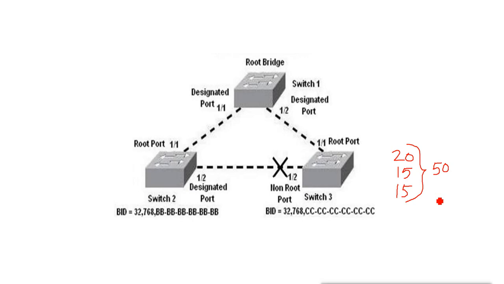Suppose your port is here, in this case suppose there is switch 2 and switch 3 in this design, and this port is in blocking state and this port is not in blocking state, it is a designated port on the alternate side. Now if we disable this link here and this port gets enabled, how much time will they take to go into forwarding state again?